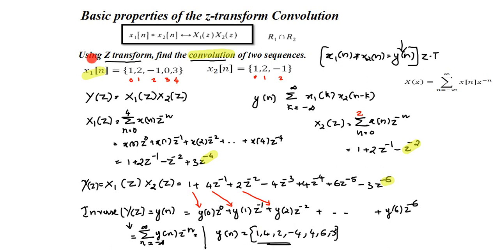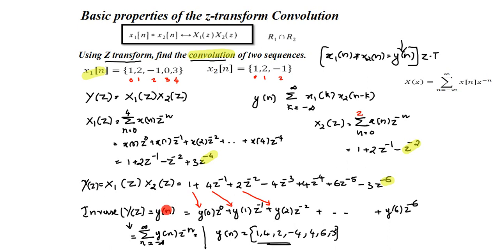Simply I can compare these two quantities. Again I will go to the question. Here we need to find the convolution of two sequences, meaning we need the answer in terms of y of n, or in the time domain, not in the z domain. But to calculate the convolution we need to use the Z transform, not the direct method. Direct method means we need to use this particular formula. Instead of using this formula, I will use the convolution property. The transform is simply the product of the two, and when you do this you will get the answer only in terms of Y of z, but we require y of n.